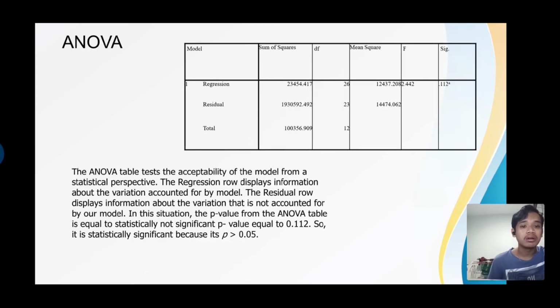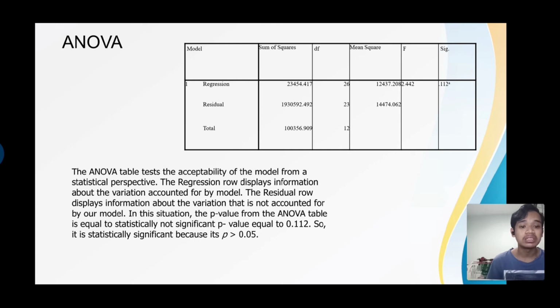This is a table, ANOVA. The ANOVA table tests the acceptability of the model from a statistical perspective. The regression row displays information about the variation accounted for by the model. The residual row displays information about the variation that is not accounted for by our model.